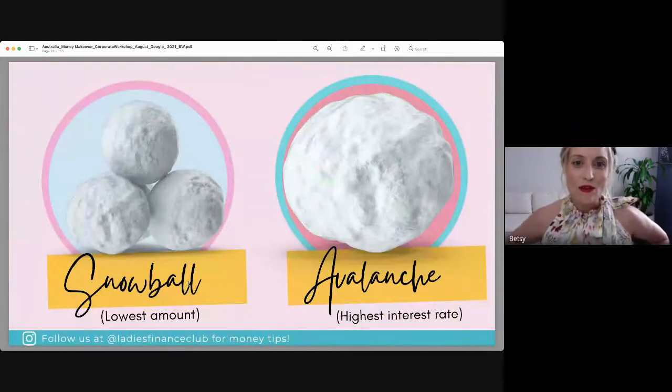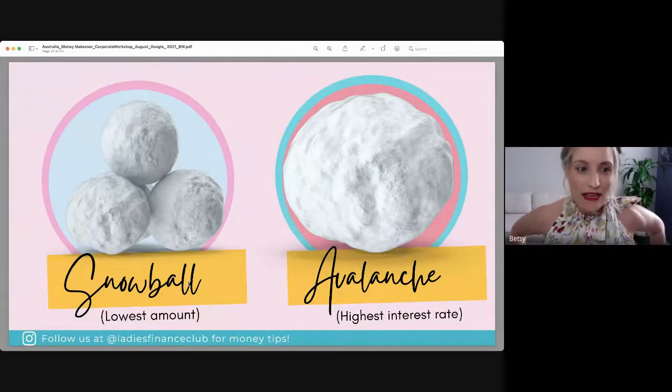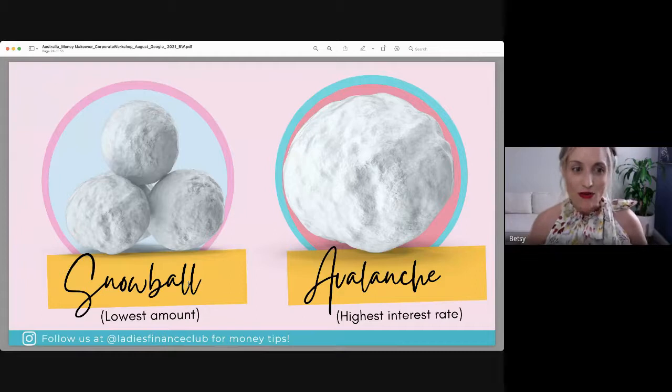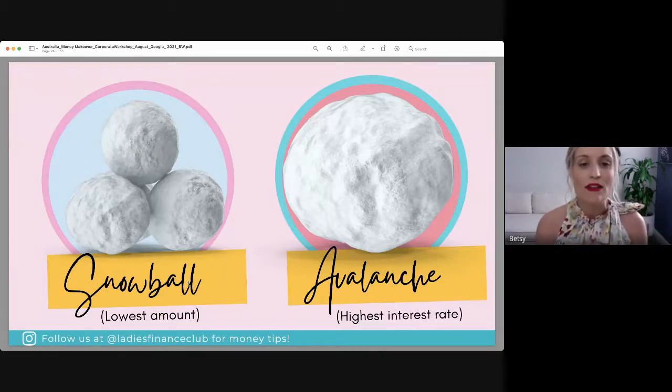Now, to pay off debt, I'll just quickly explain what is good debt and what's bad debt, because not all debt is bad. So good debt is money that you've borrowed to buy something that increases in value. Things that typically fall under this category are education, buying property, or buying investments like shares. The characteristics of good debt is that it's often very low in terms of the interest that you're paying, so the rent on the money.